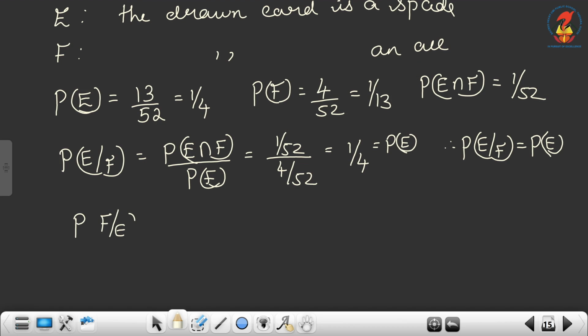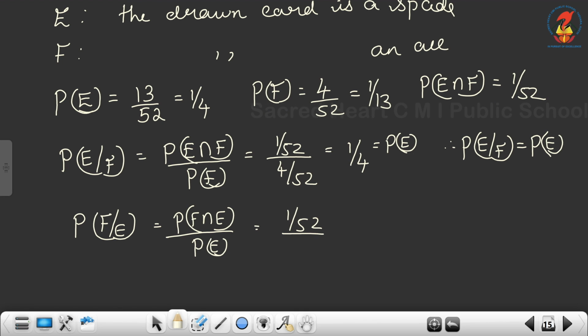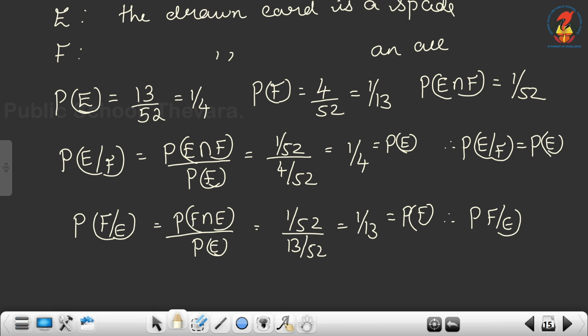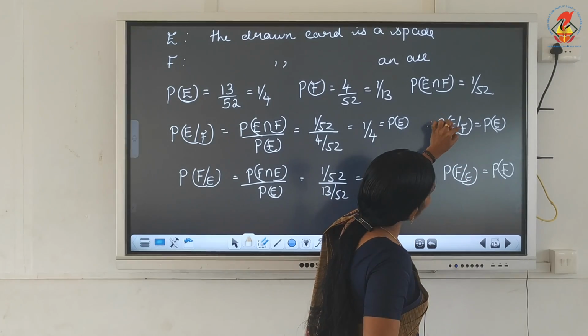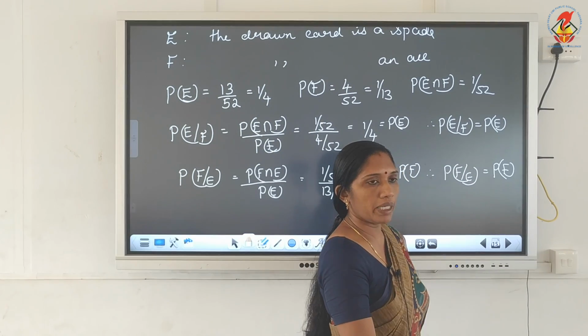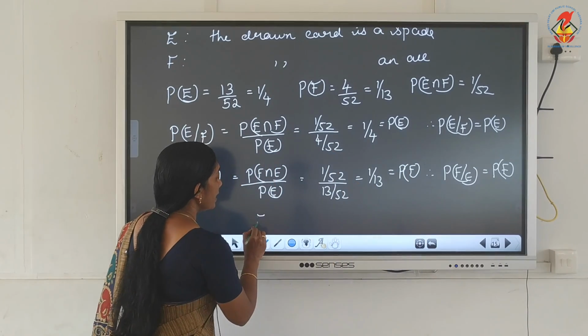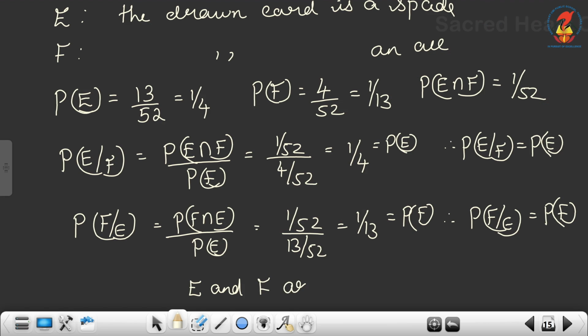P of F given E means P of F intersection E by P of E. P of F intersection E is the same as E intersection F. 1 out of 52 by 13 by 52, so it is 1 by 13, that is the same as P of F. So here P of F given E is the same as P of F. So this F does not depend on this E. Here E is not depending on F. So in this experiment we can say that E and F are independent events. E and F are independent.